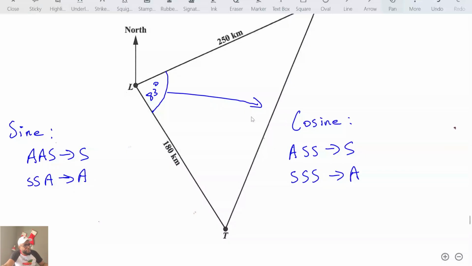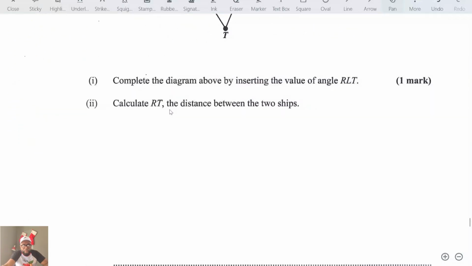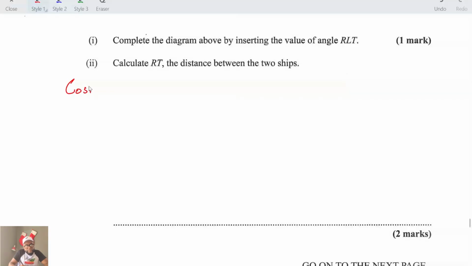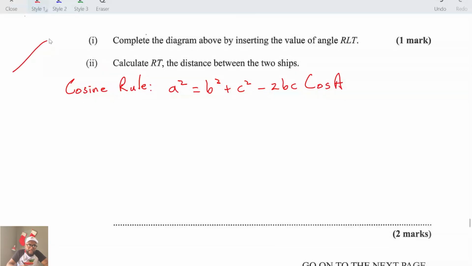So we are going to use cosine rule, right? Somebody line up cosine rule for me. What's cosine rule? a squared is equal to b squared plus c squared minus 2bc cos A. This is for a triangle, like what we have above.